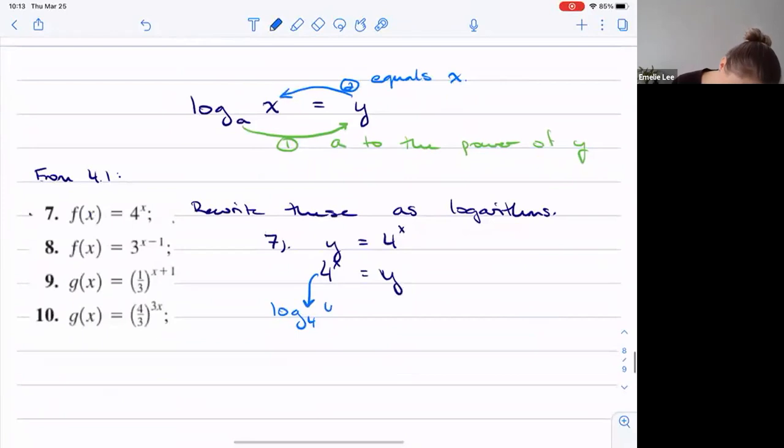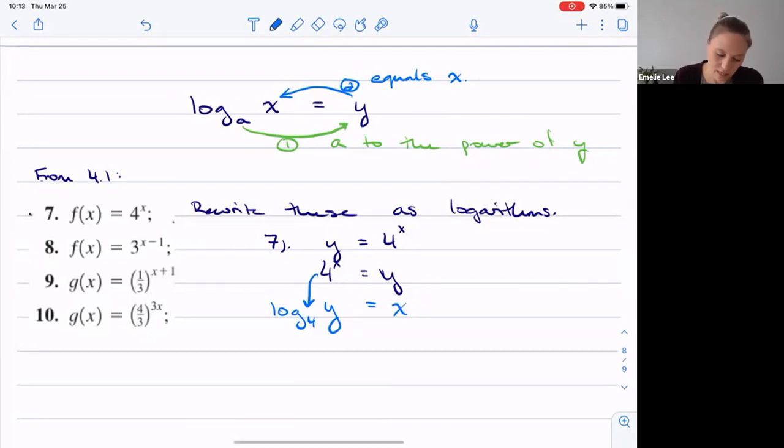Log base 4 of y equals x. If we think about it as an inverse, the x's and y's are going to shift around. So log base 4 of y equals x is the same as 4 to the x equals y. These are equivalent statements, it just depends on how you want to write them.